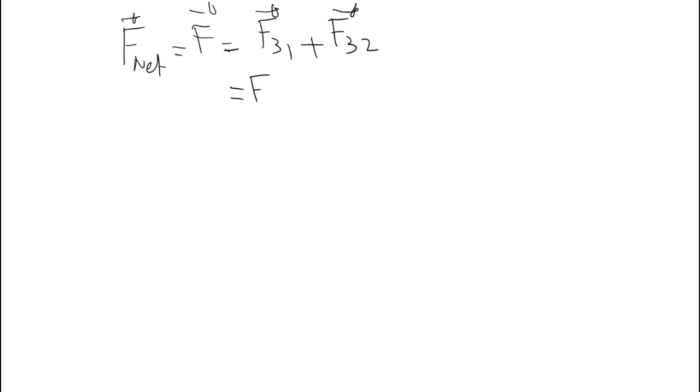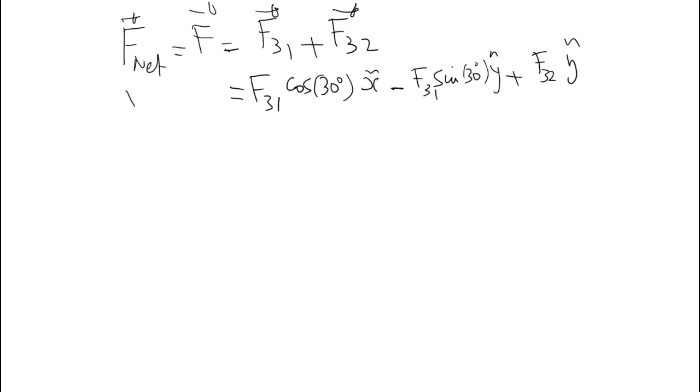We said F31 was F31 cosine of 30 degrees in x direction minus F31 sine of 30 degrees in y direction plus F32 in y direction. So this is F net.